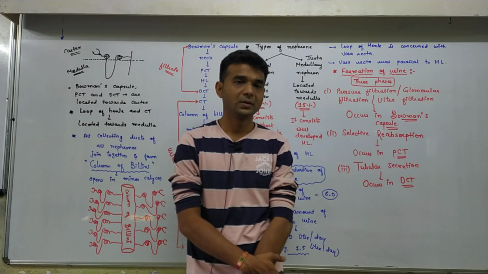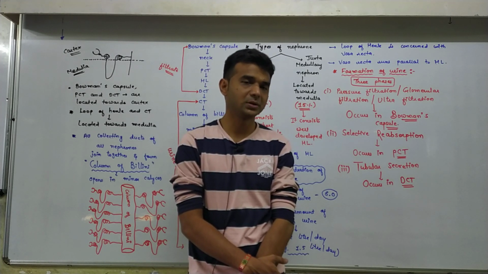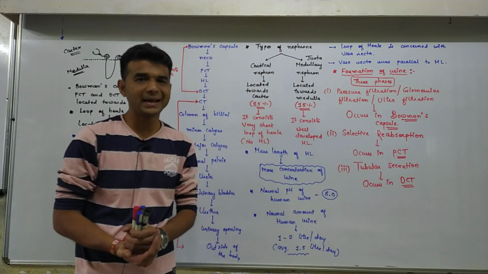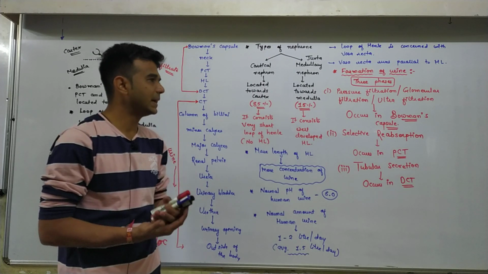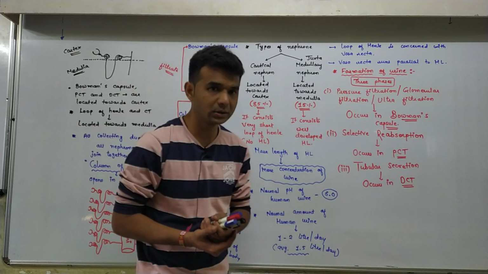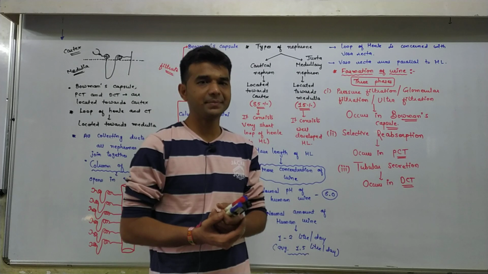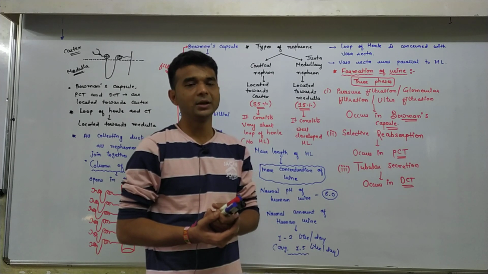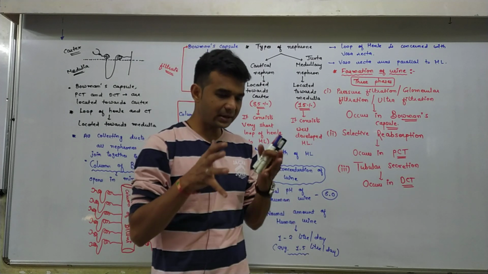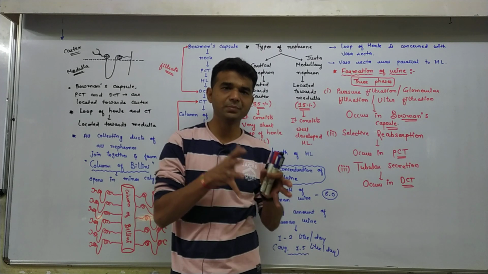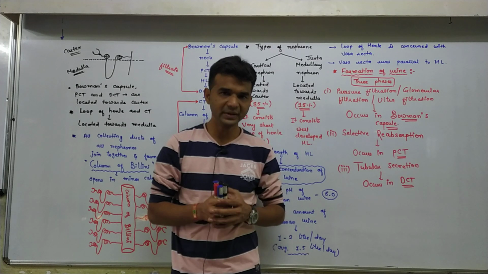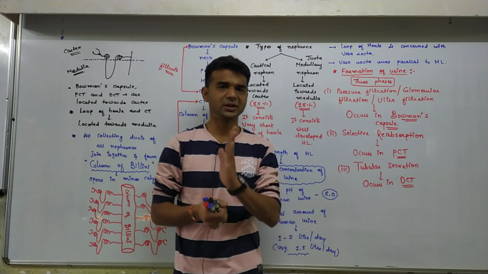Here, with the help of high blood pressure, the blood enters inside the Bowman's capsule, and you know that in the Bowman's capsule, the inner wall has specialized cells known as podocytes. And podocytes are arranged in such a way that in between two successive podocytes, the gap present is known as filtration pore.